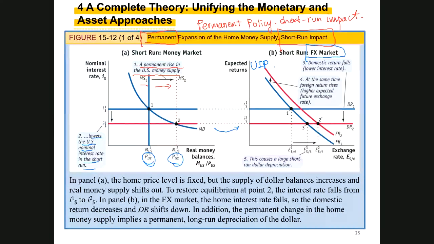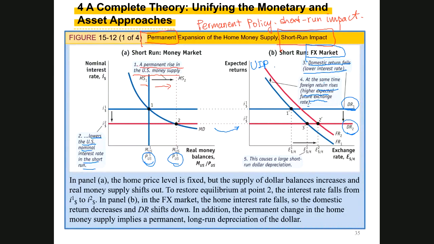So first of all, the domestic return falls. Okay, so the domestic return falls, DR1 moved to DR2, right? This is something we saw in the beginning of the lecture today. At the same time, the foreign return rises, because of the higher expected future exchange rate.